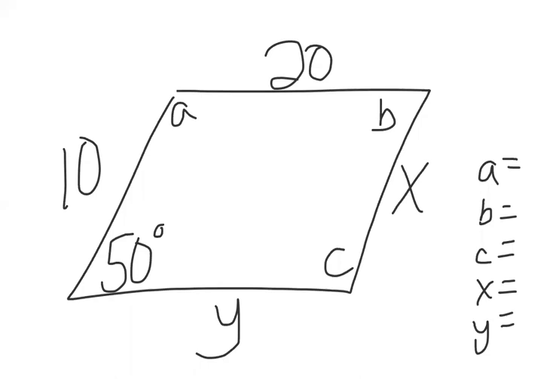Molly B, pick a letter and tell me what it is. Yes, X would be 10. Opposite sides of a parallelogram are just equal to each other. We love that. Super easy. All right. Mary, pick another letter and tell me what it would be. Yes, Y would just be 20 for the same reason.